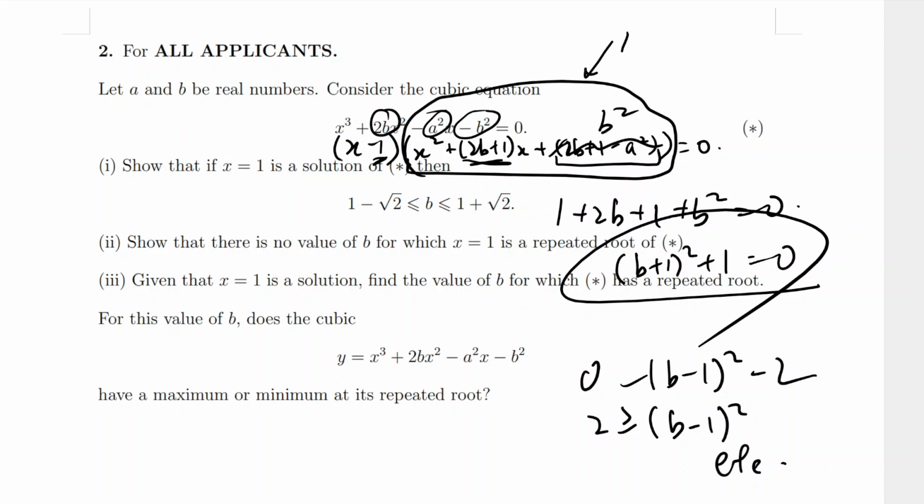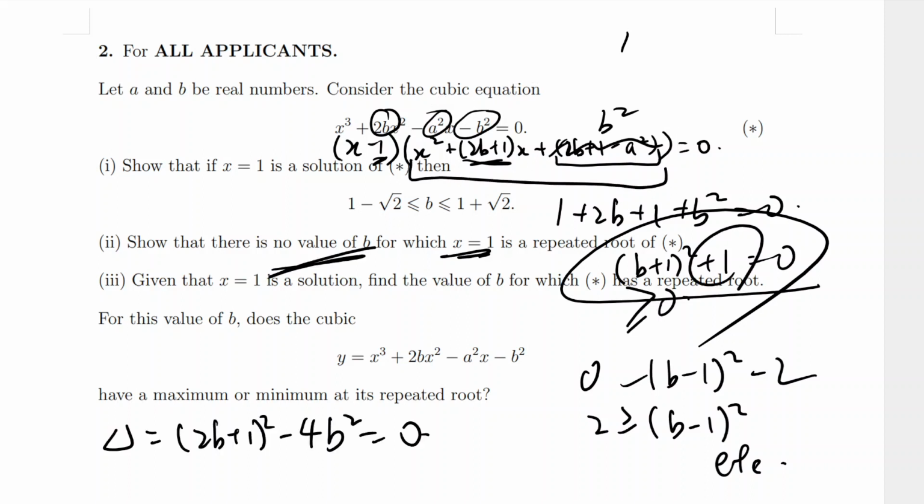If I wanted to have only one solution, I take the discriminant, b squared minus 4ac, and this has to be equal to 0. Now you could solve it. It's not even a quadratic equation because the 4b squareds cancel, and you have 4b plus 1 equals 0. So b equals minus a quarter, right?